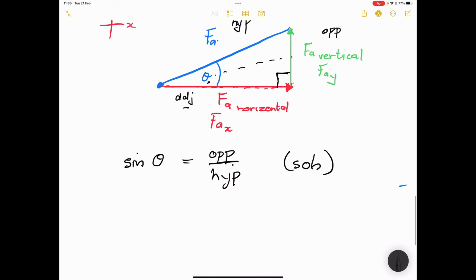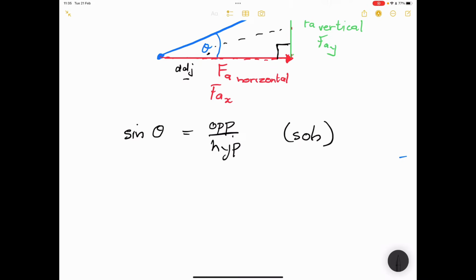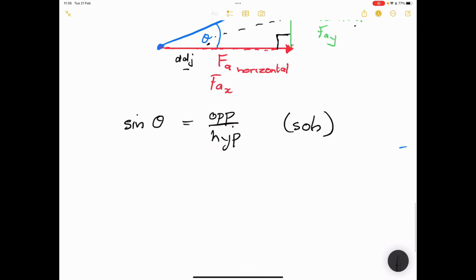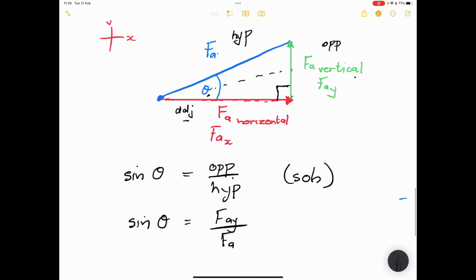But remember, what is our opposite side in this case? It's going to be our vertical component. So the sine of angle theta is opposite, which is FAY, our vertical component, divided by the hypotenuse, which is our original force FA.